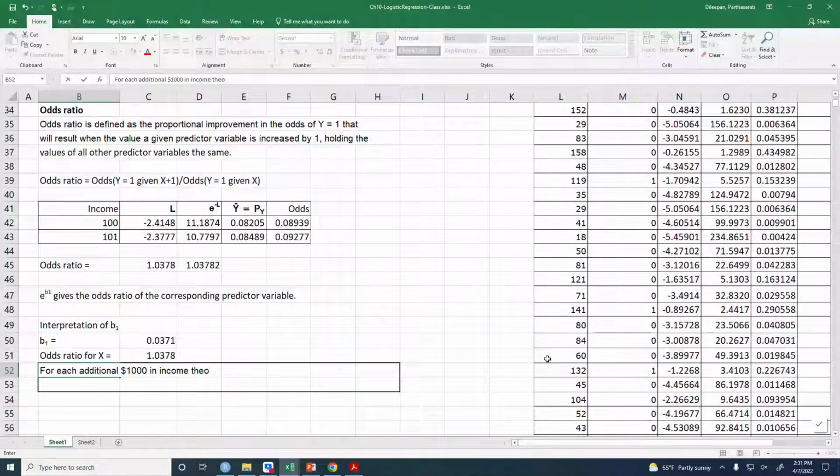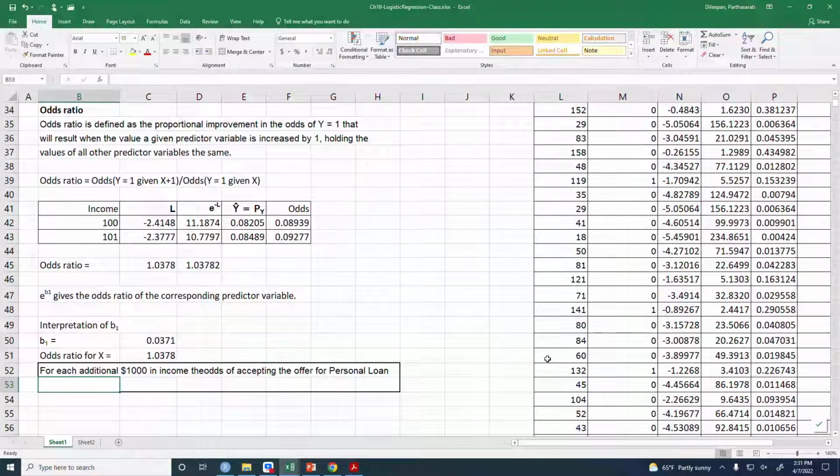the odds of accepting the offer for personal loan, that's what the personal loan column is, 0 is not accept the offer, 1 is accept the offer, increases by a factor of 1.0378.